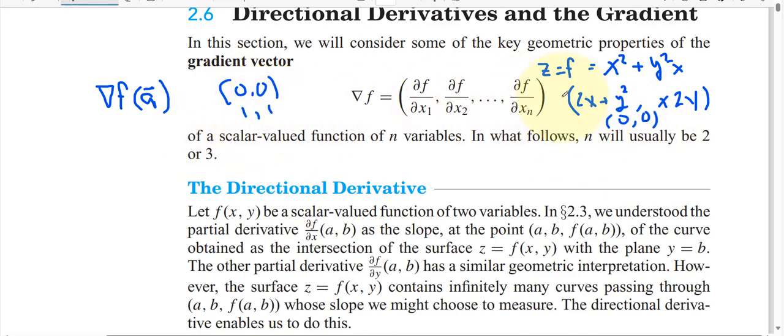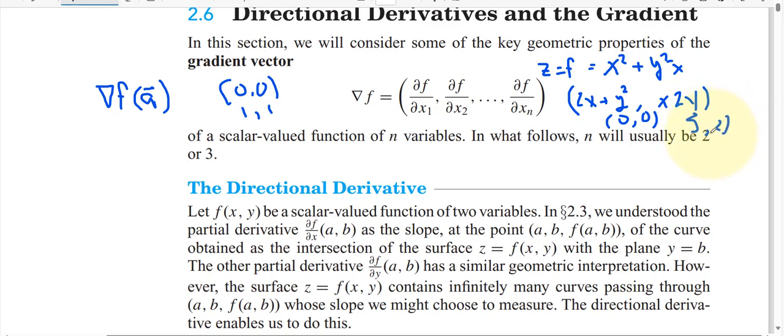Then we get 2 plus 1, so that would be 3, comma, and then we get 2. So we get 3, 2.